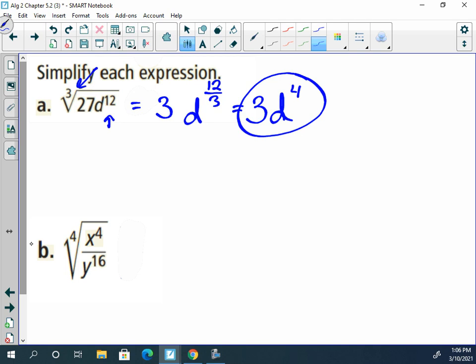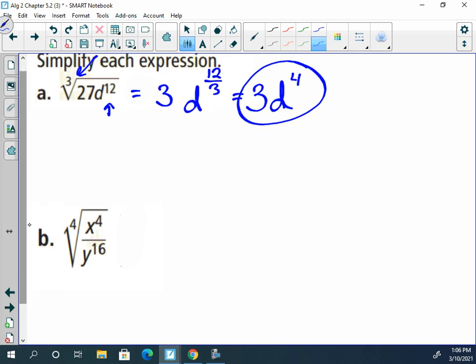And we leave it as this here. There's no need for absolute value bars because we took an odd root. We took the cubed root. So any questions on this here before we move on to the next one?